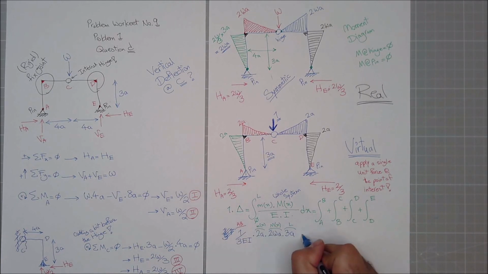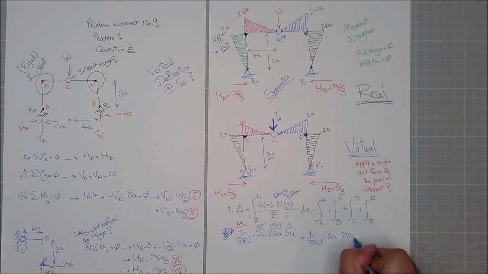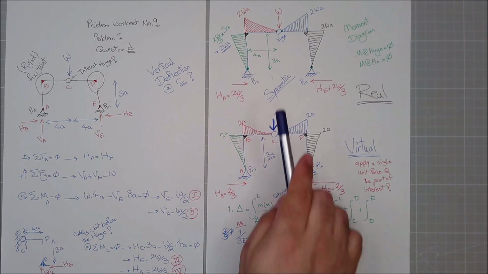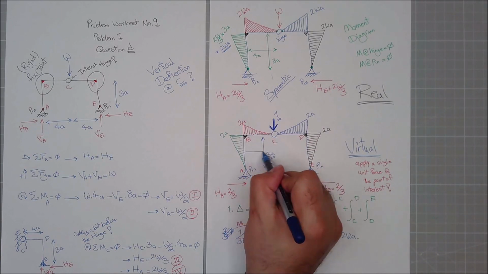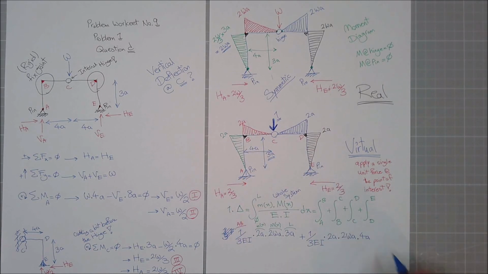Now plus another one of these, this time another 2a, another 2wa times its length. Now I'm b to c. What is the length? It's 4a times 4a. I'm just doing the integration in my mind. If you're having trouble with this, do it step by step and it will be fine.